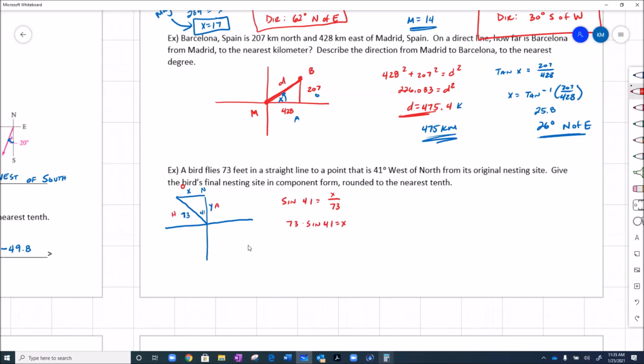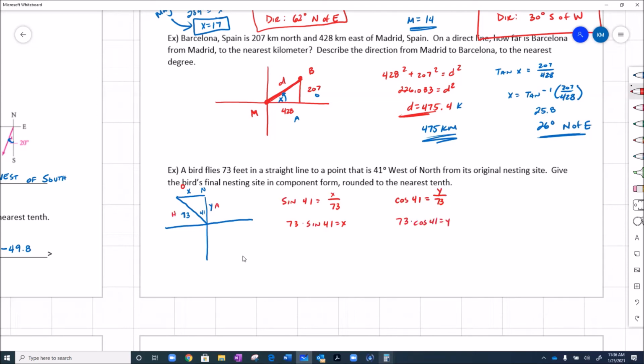Okay, we'll do the same thing for y, except now I'm using adjacent to hypotenuse, so cosine 41 equals the adjacent y over the hypotenuse 73. 73 times cosine 41 equals y.